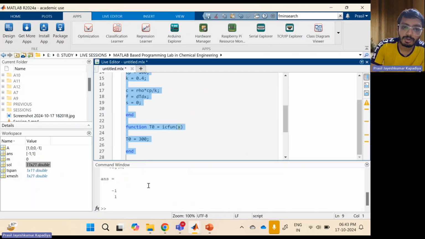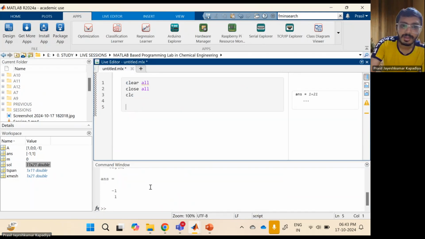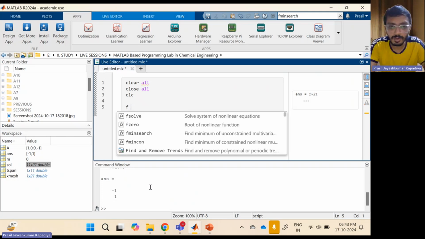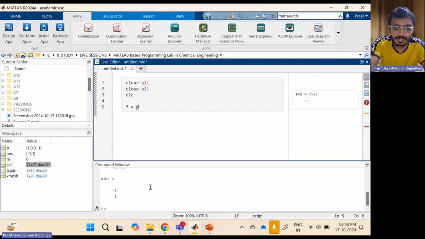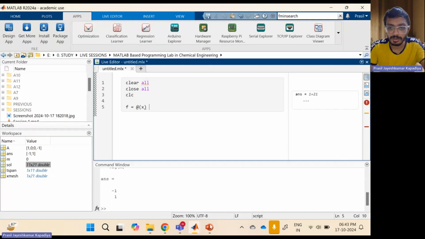So I will use clear all, close all, those things. Now I will define my function f is equal to at the rate of x. My function is x1 square plus x2 minus 11 whole square.